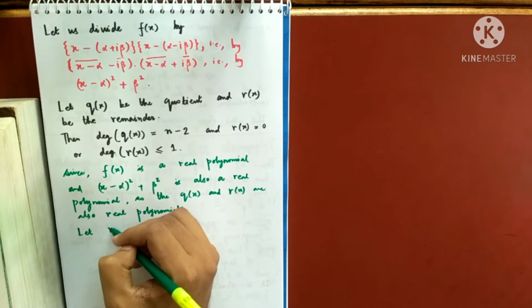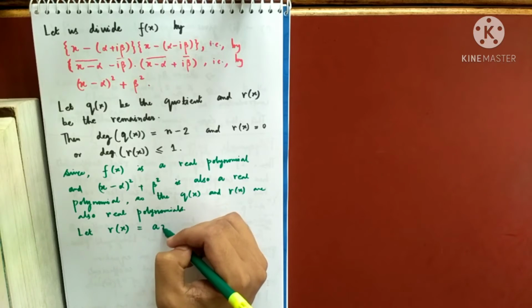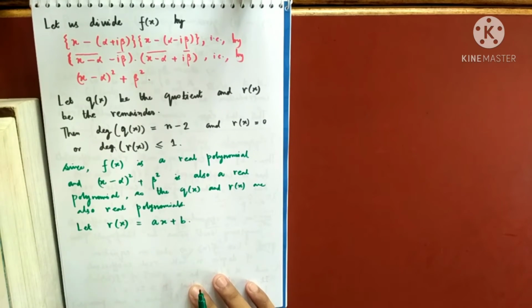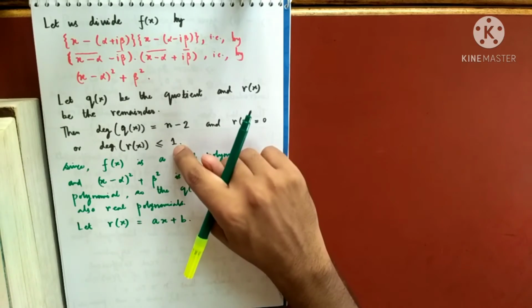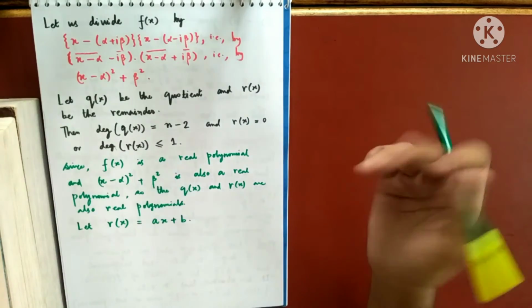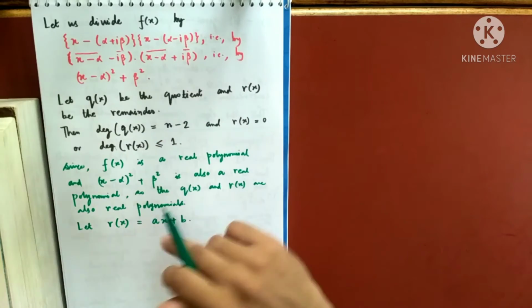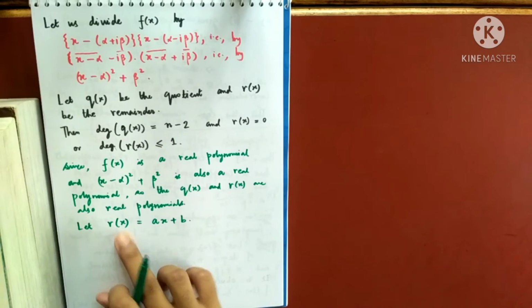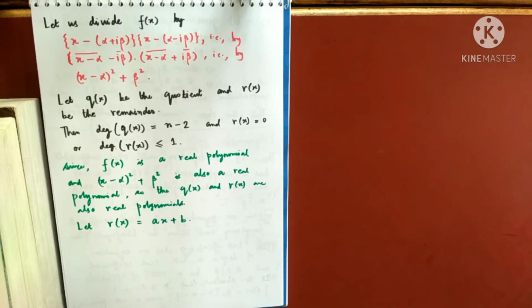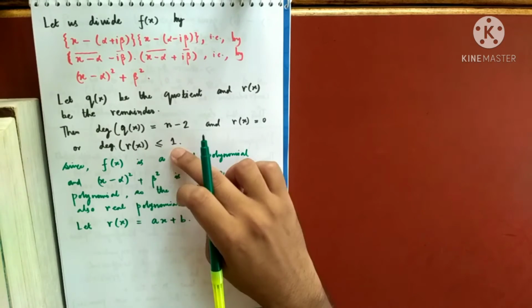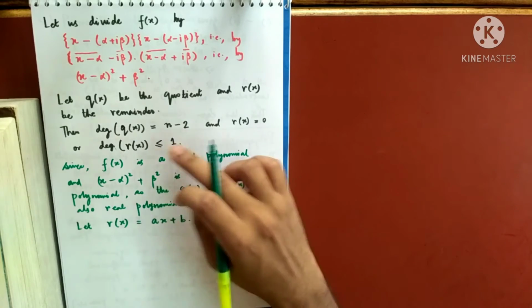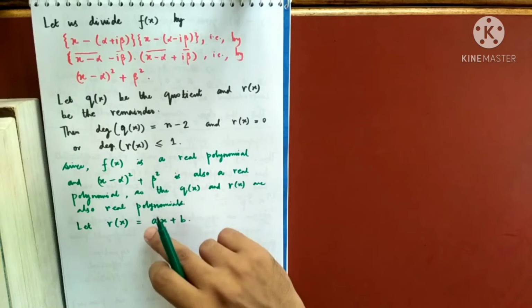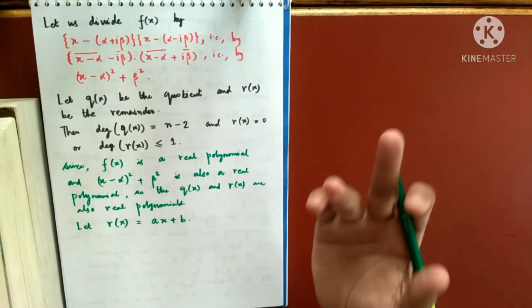So let r(x) be of the form ax plus b. When a is not 0, this is of degree 1. If a becomes 0, then this is of degree 0, just because the x term is not there, so only b is there, which is a constant polynomial.